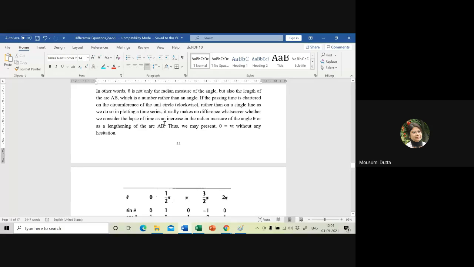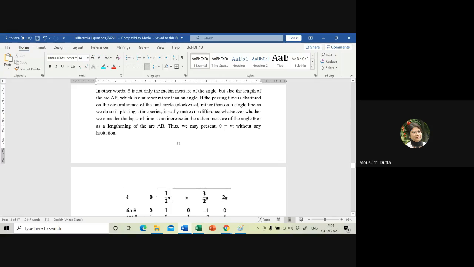Here we are not considering that. Cyclically it is moving following a circle. This is the idea. So unit circle rather than on a single line, as we do in plotting a time series. In case of time series, we do this thing. In a circular way we do this thing.